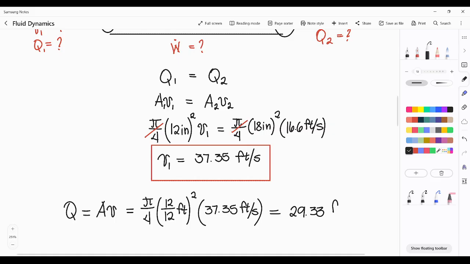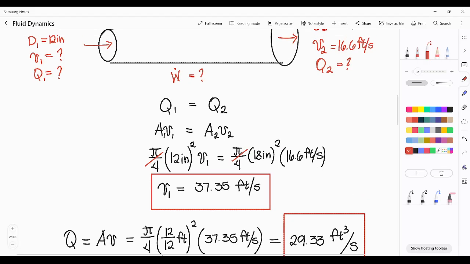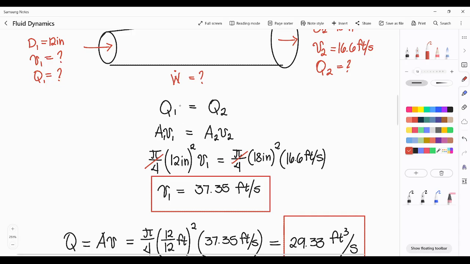29.33 cubic feet per second, or simply CFS. Alright, that is our volume flow rate at section 1. But we know that Q1 is equal to Q2, so it's not necessary to solve for Q2.